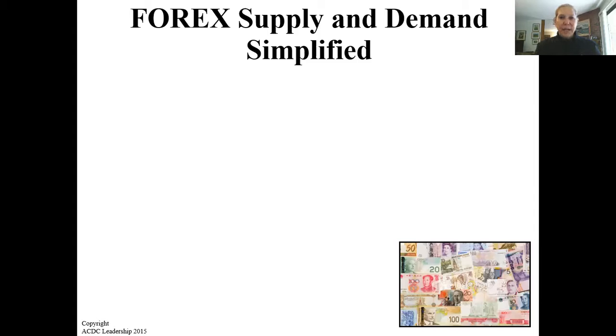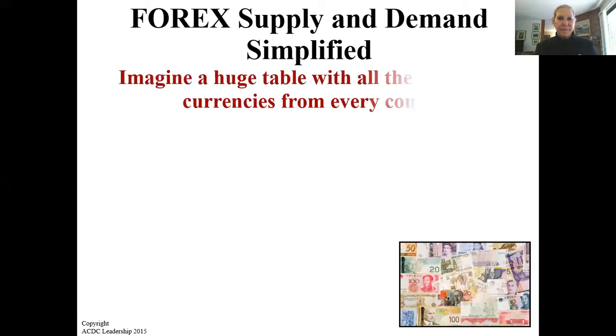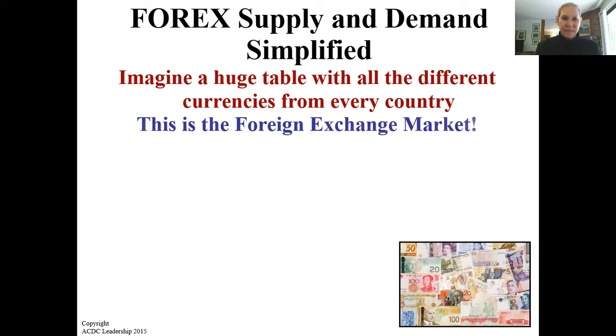Foreign exchange supply and demand simplified. Imagine a huge table with all the different currencies from every country. This is the foreign exchange market, and a lot of investors will only invest in trading on the foreign exchange. In other words, trading different currencies.